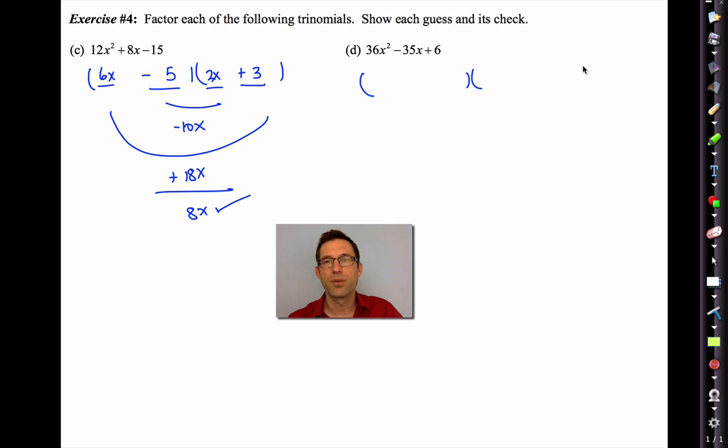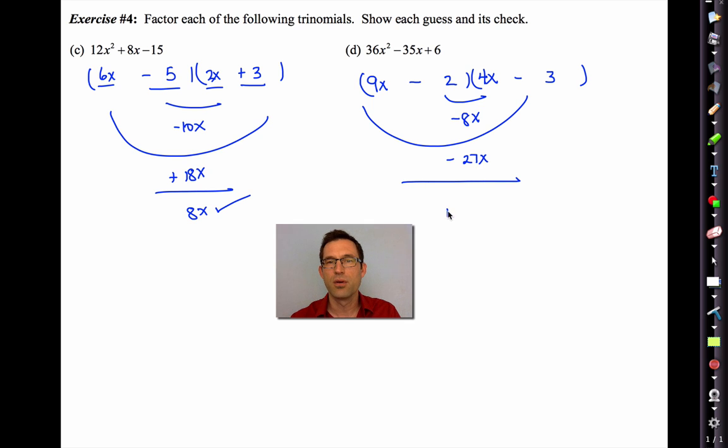This one, which probably would be the one that would take the most guesses, has 9x, 4x, 2, and 3. This is negative 8x, negative 27x. When you combine the 2, you get negative 35x.